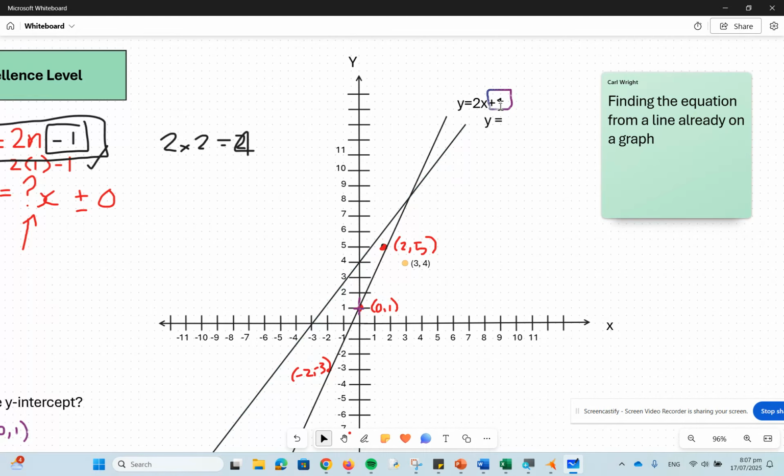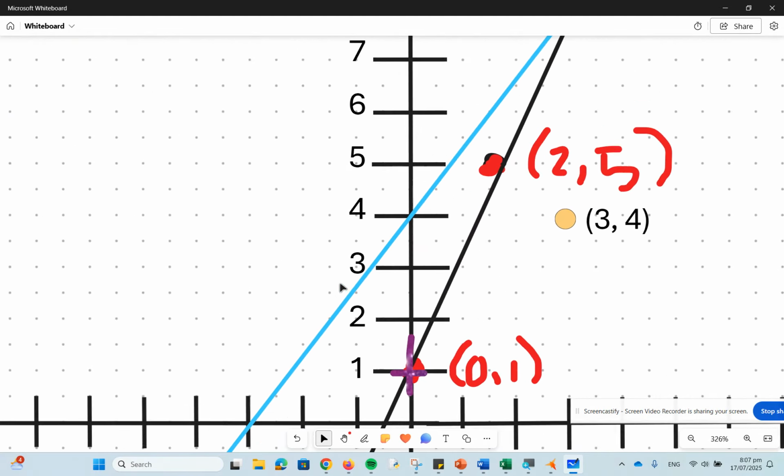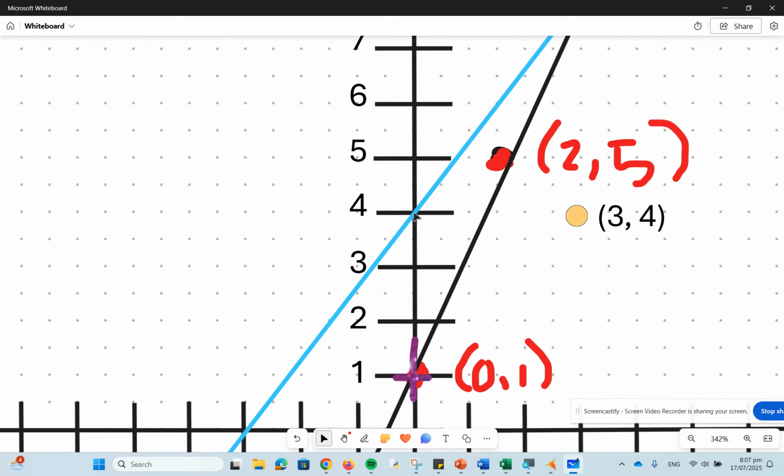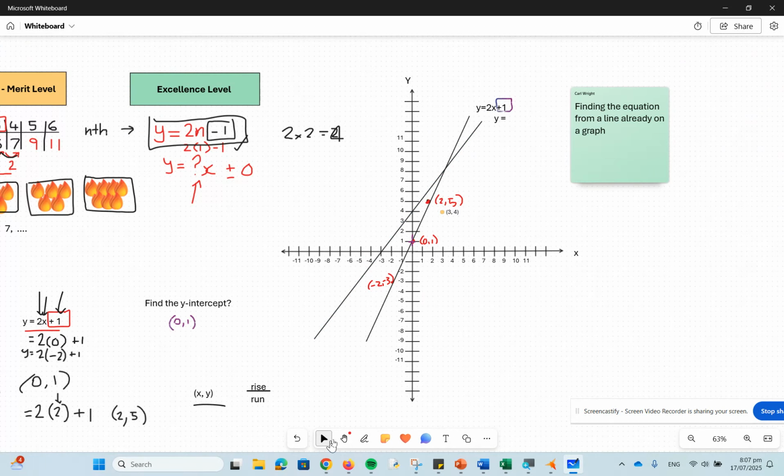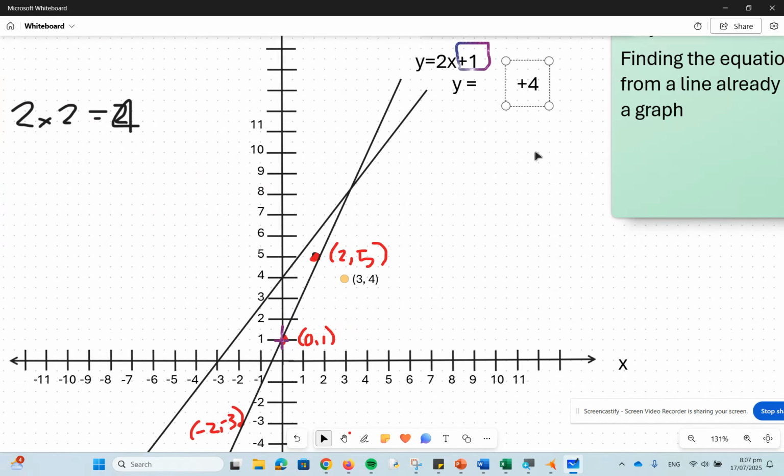That means the number on the end. Where is it crossing? It's crossing at 0 and at 4 on the y-axis. So when I'm writing this equation, there's a +4 y-intercept on the end. I've now done half of the equation by finding the y-intercept just by looking at where it touches the y-axis.